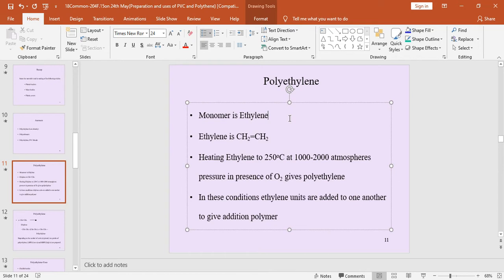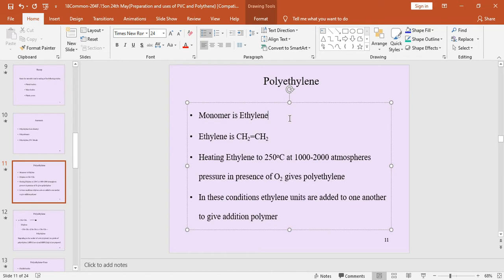So these are the preparation conditions. Polythene preparation is heating ethylene at a temperature of 250 degrees centigrade, at 1000 to 2000 atmospheres pressure, in the presence of oxygen, which gives polyethylene. This is the preparation of polythene.